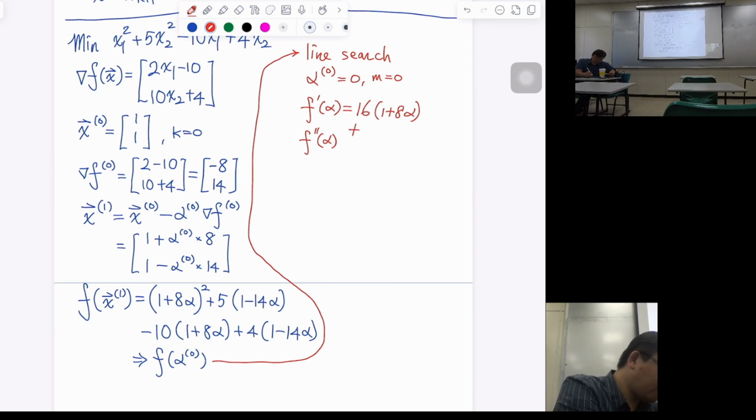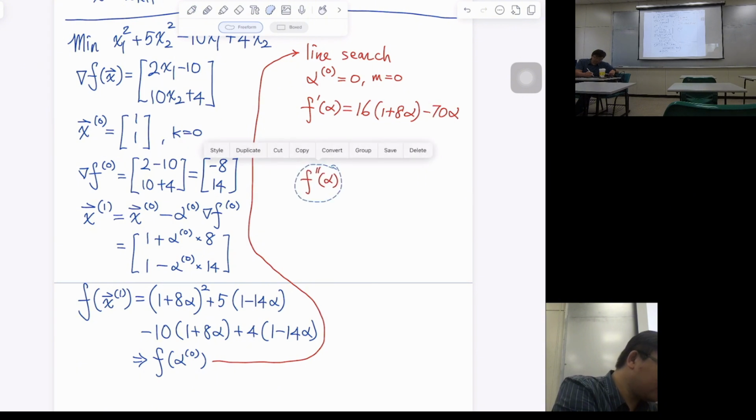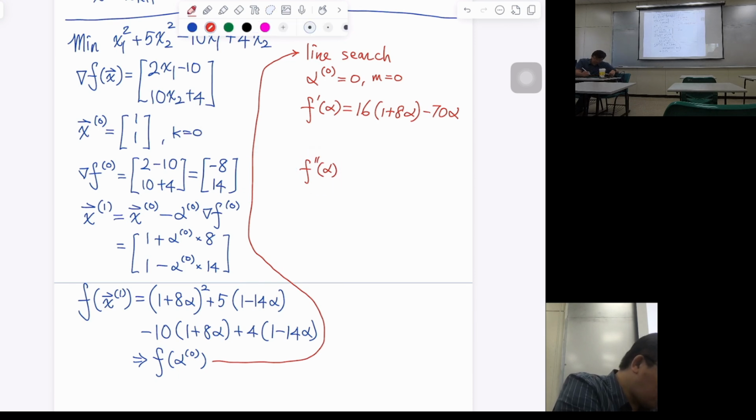plus minus 7t alpha. I will move this guy down and up, and then minus 8t. Oh, something is wrong. I forgot about the square term here. That's why.